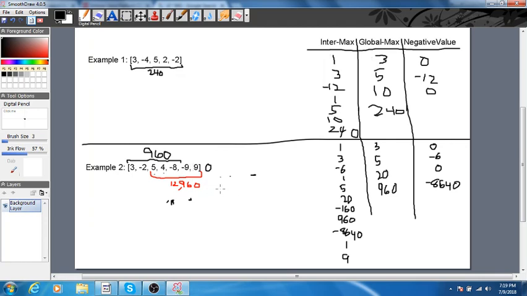The first time it would use this one, and the second time it would use this one and this one. So either way, you would compare the maximum you get going through this way with the maximum you get going through that way. And whichever maximum is bigger, that's the way to go.